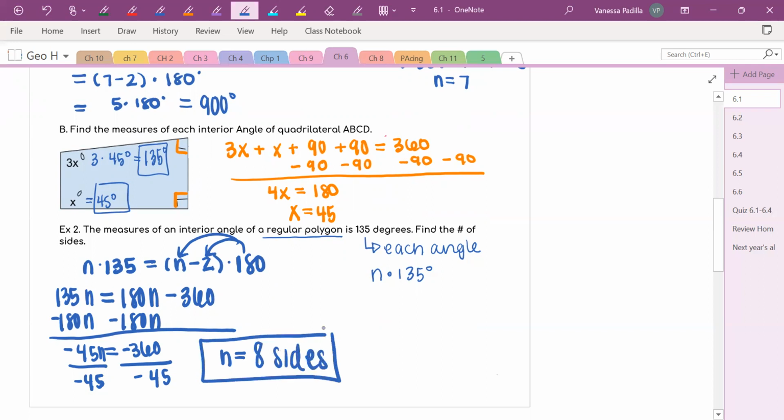So this type of problem only works when it says it's a regular polygon, because I'm able to do this extra little formula. After that, I'm just going to set it to the formula that works for every single type of polygon, whether they're regular or not regular. And then I solve for n to find the number of sides.